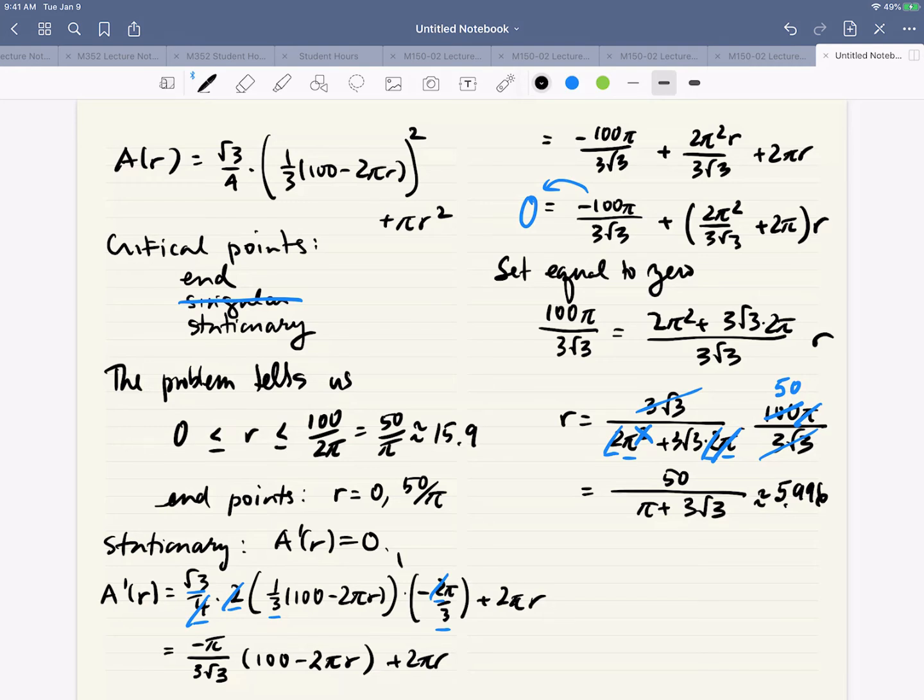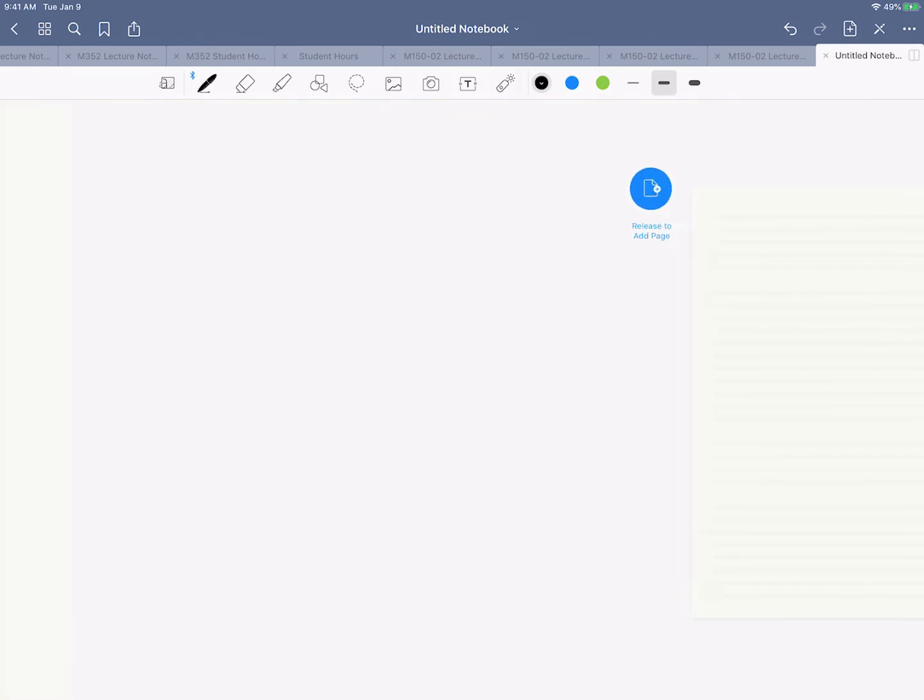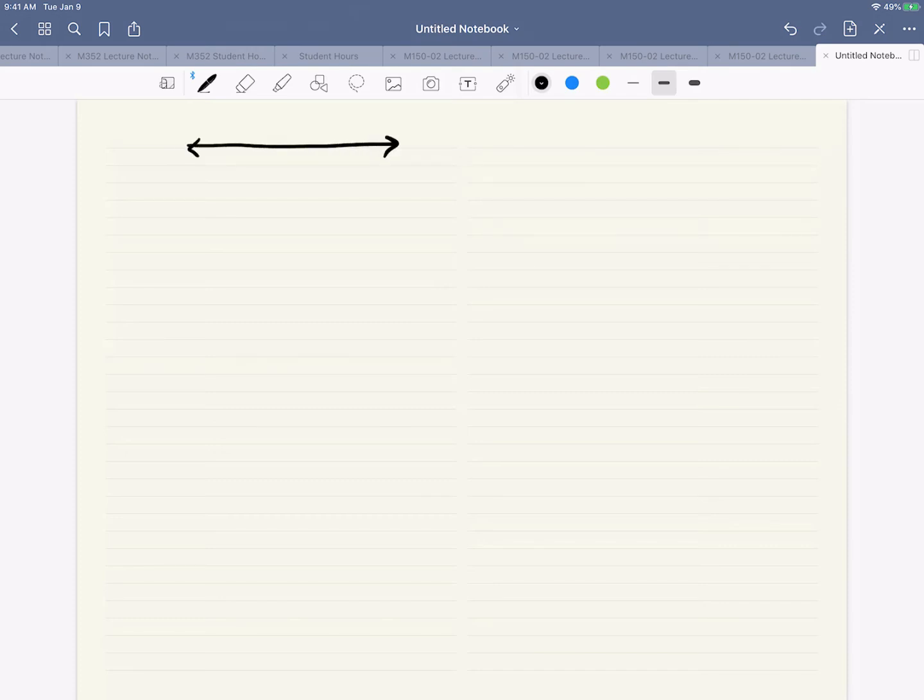Now I am ready to make a chart of signs, so let's start a new page and do that. So here's my r-axis. I'm going to put my endpoints on it. My endpoints were 0 and 100 over 2 pi.